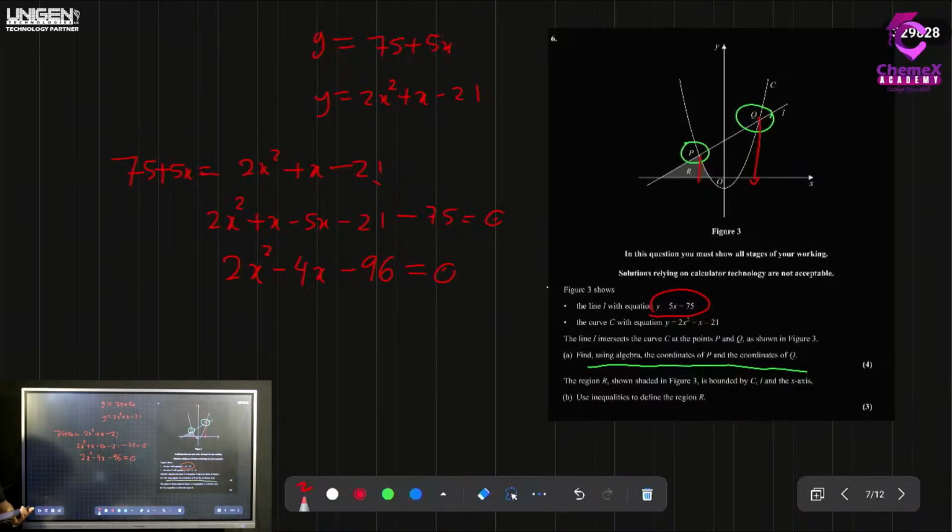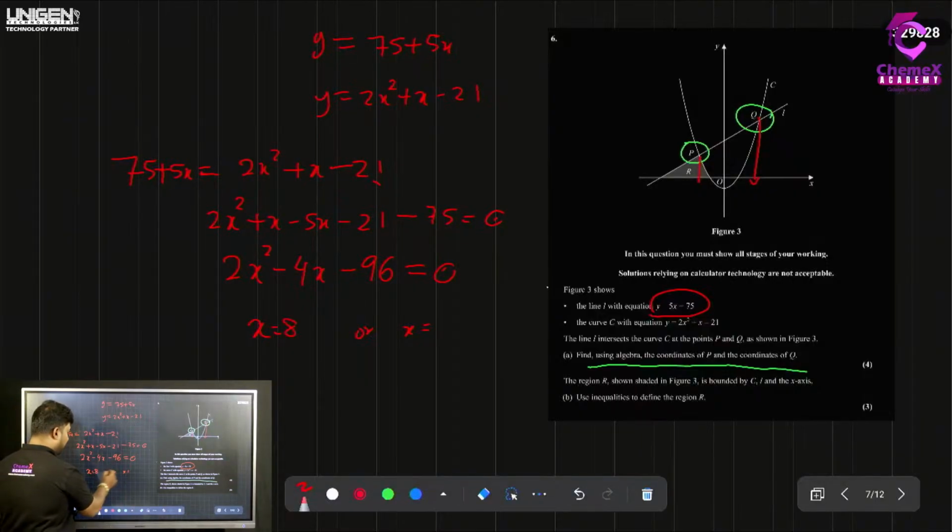Vivek, can you say? x equals what and what? When I put it in the calculator, I got x equals 8 and x equals minus 6.